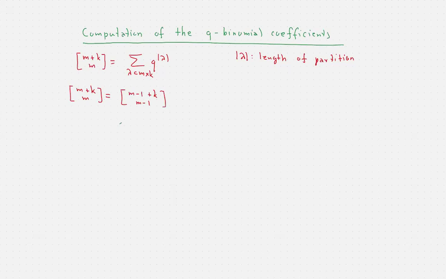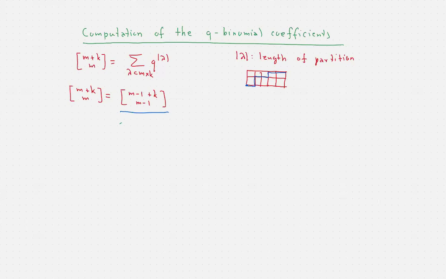So we recall that partitions correspond also to paths starting from the lower left corner and proceeding toward the upper right corner. And if our first step is vertical, then these are the Q polynomials that correspond to the vertical first step.